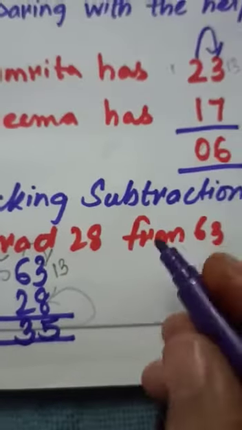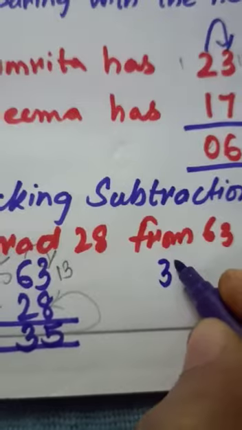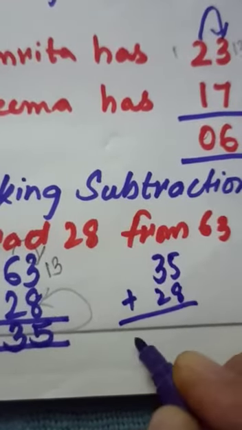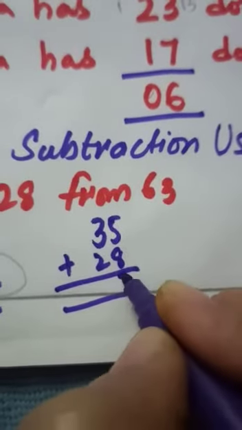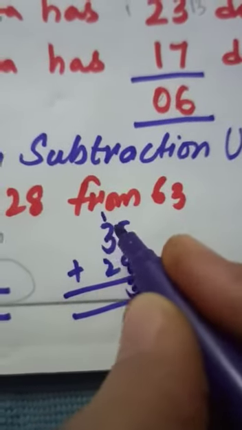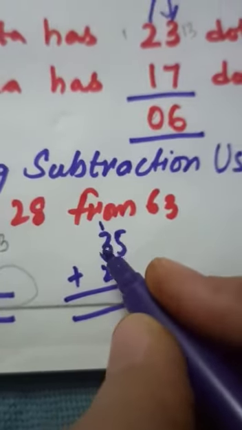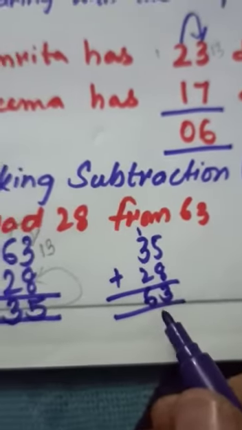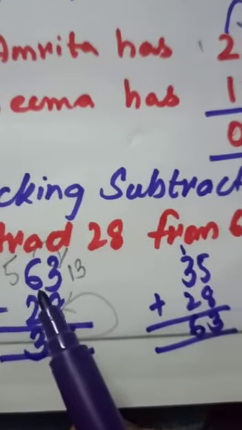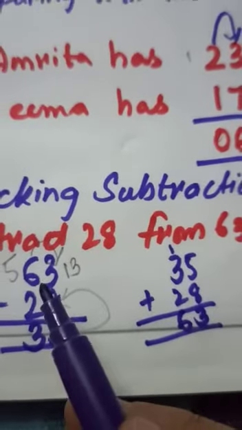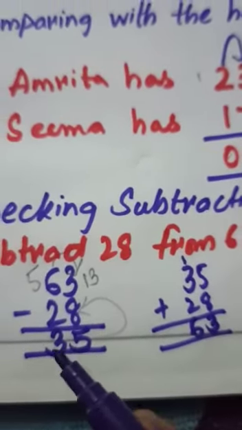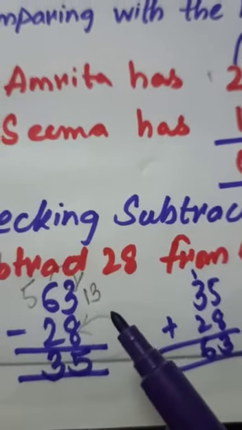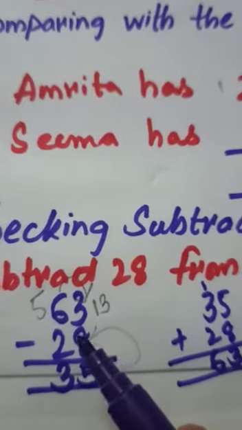See, let's do 35 plus 28. 5 plus 8 is how much? 13. 1 as carry. 3 plus 1 is 4. 4 plus 2 is 6. We got 63. So we have added the difference of two numbers to one of the numbers we have subtracted.